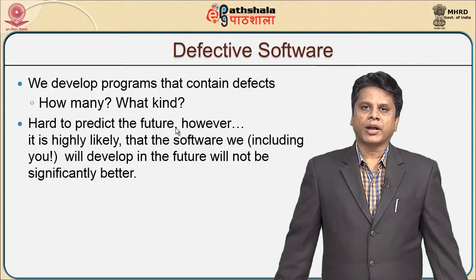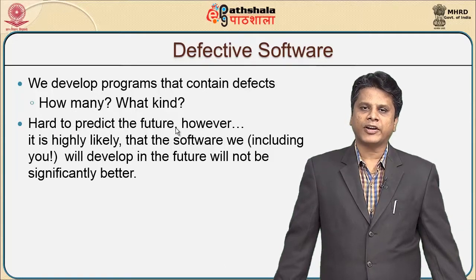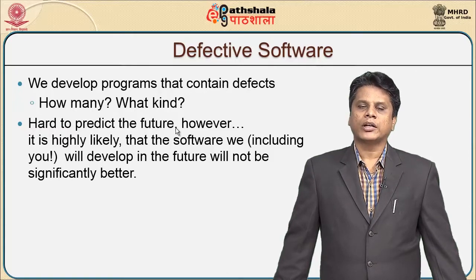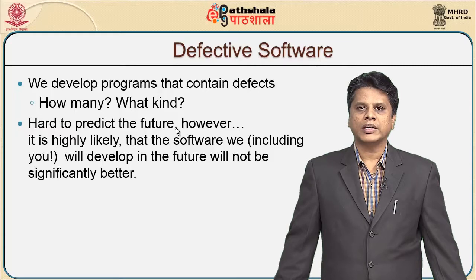What do we mean by defective software? Are the softwares which are manufactured really defective, or do we call those really defective softwares? We try to develop programs that contain defects. After having mentioned the defects, how many defects are involved or what kind of defects are involved is the major challenge that we have to find out.